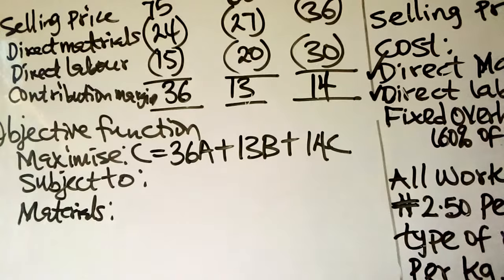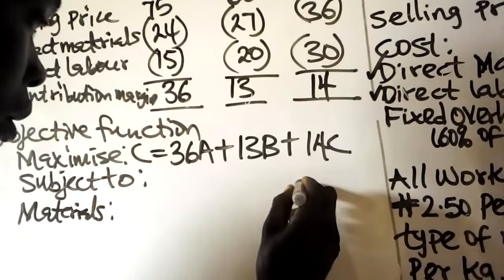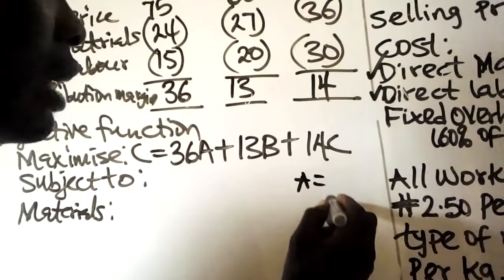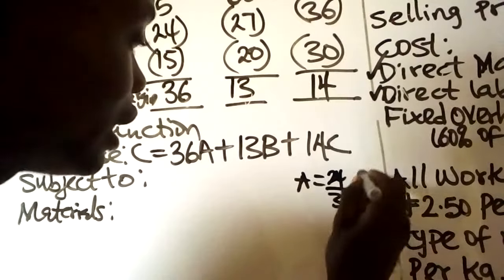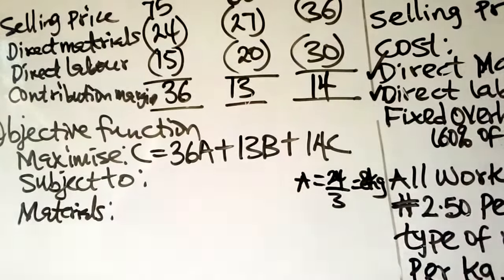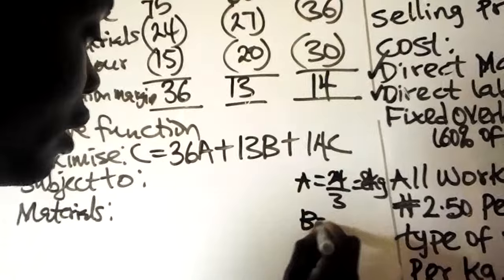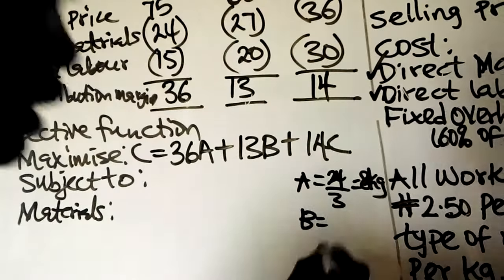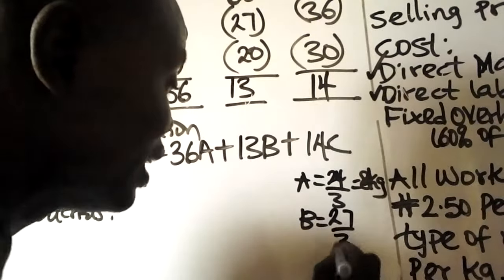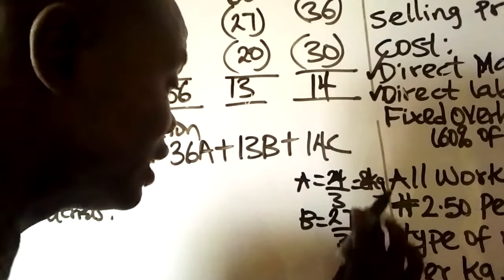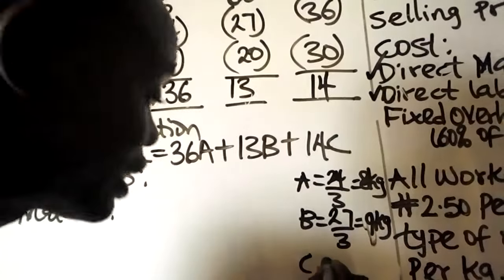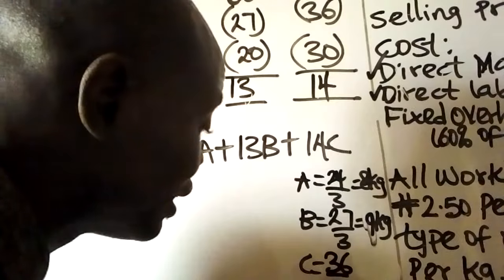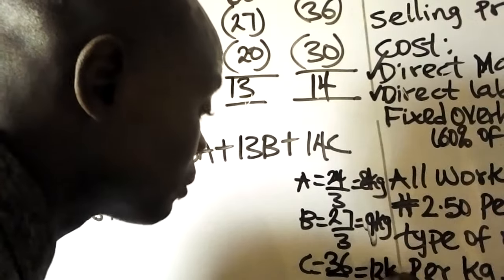For A, you have 24 naira divided by 3, and that gives us 8 kg. For B, we have 27 naira divided by 3, and we have 9 kg. And for C, we have 36 naira divided by 3, and then we have 12 kg.